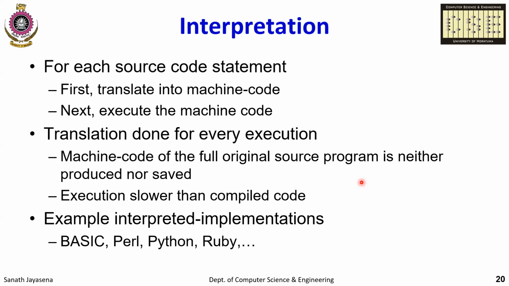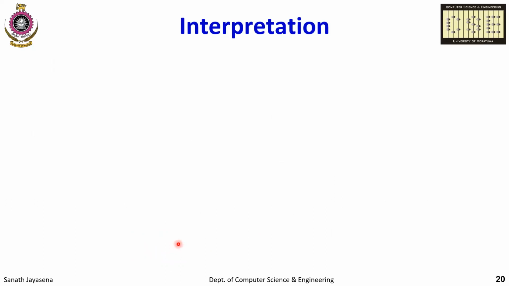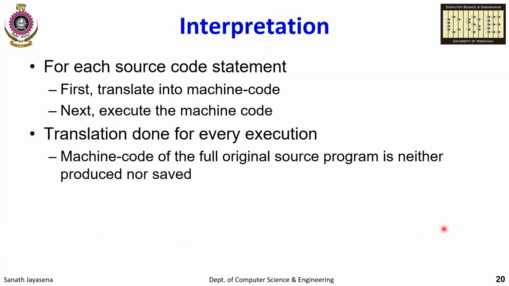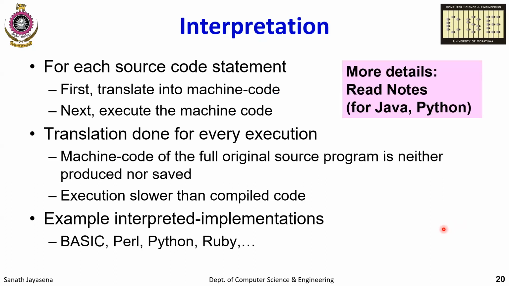Now, some example interpreted implementations, and here we list Python as one possible example. And here we list Java as an example under compilation, but there is some additional description on both. I would encourage you to read more details about some exceptions to what I just explained.